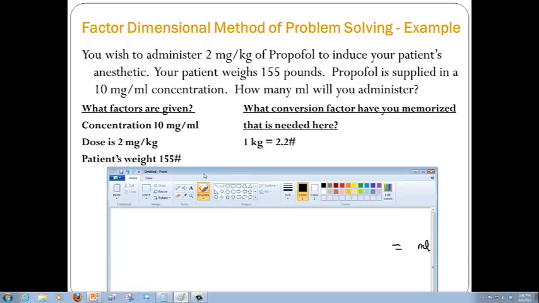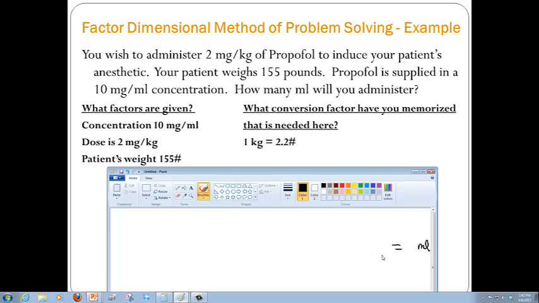Then you go into the factors that are given and start plugging things in so that you can cancel units in the numerator and units in the denominator, so that when you're all finished, the only units that remain are milliliters, and milliliters are going to have to fall in the numerator. Always, if there's only one unit in the answer, it needs to be in the numerator.